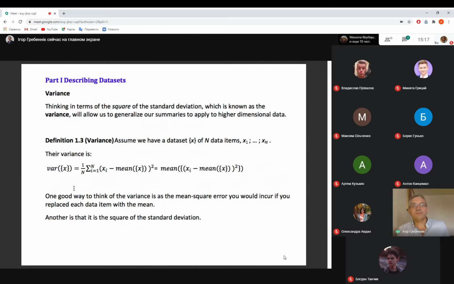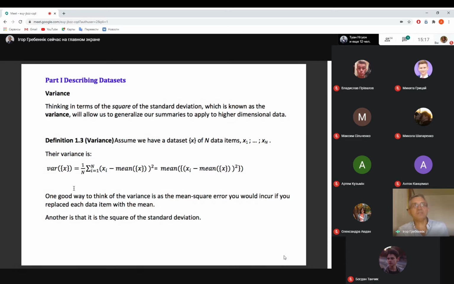And all the characteristics which we consider in this part, in this chapter, are oriented to analysis of one-dimensional data items. Mean, standard deviation, and then variance.